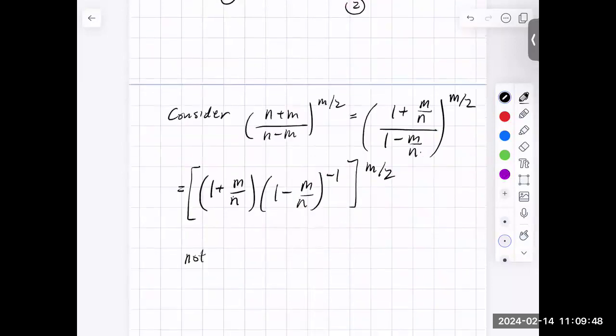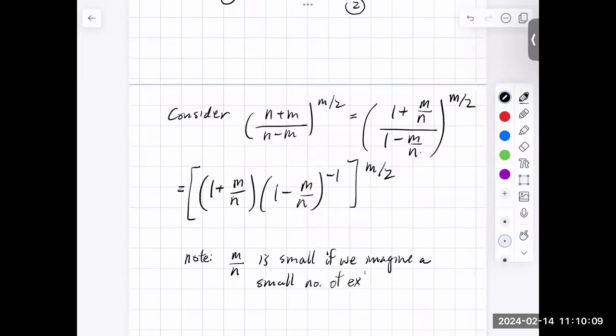So note that m over n is small if we imagine a small number of extra steps to the right.